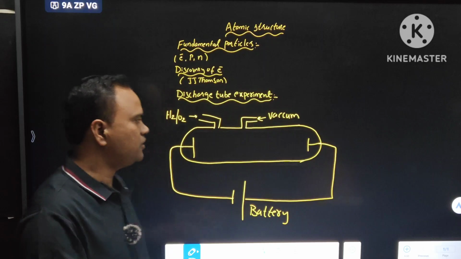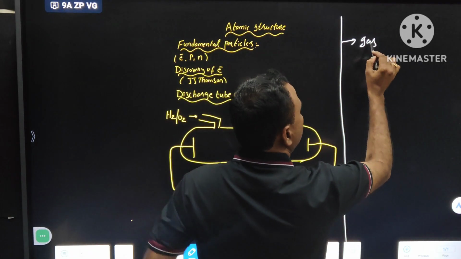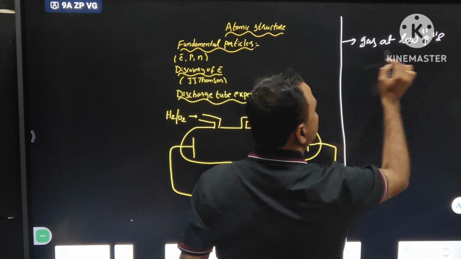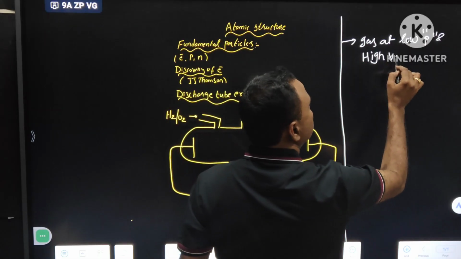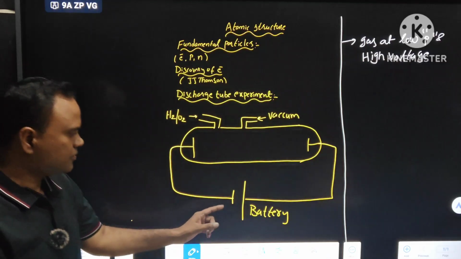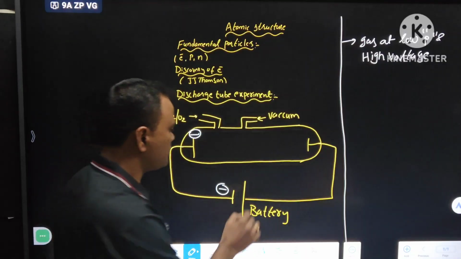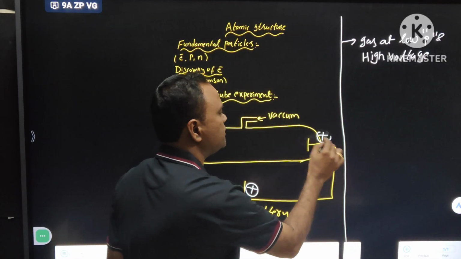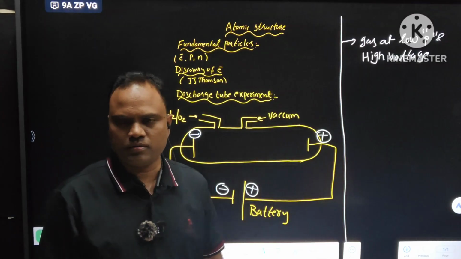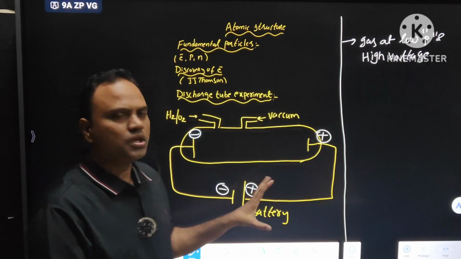The negative terminal of the battery is connected to the negative plate, and the positive terminal to the positive plate. What happens when we pass H2 gas and high voltage current?